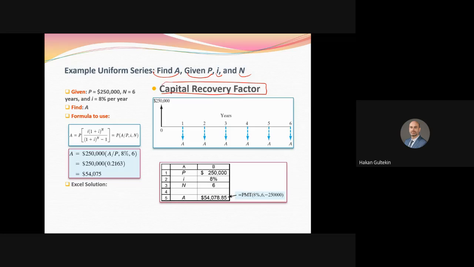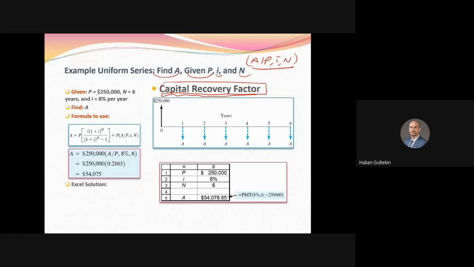This factor, A given P, I and N, is named the capital recovery factor. I told you in the previous lecture that each version of these factors has a special name, and this version is the capital recovery factor.